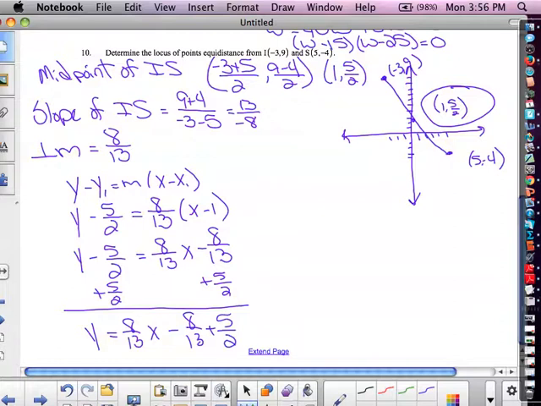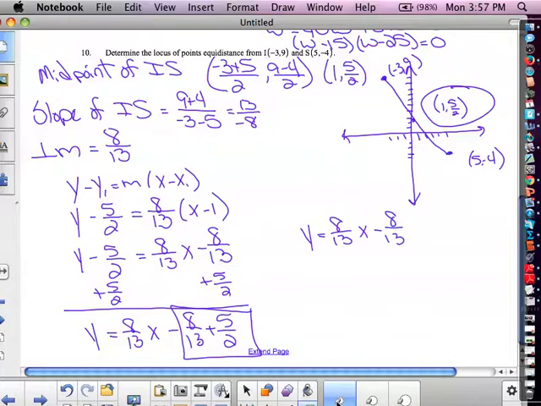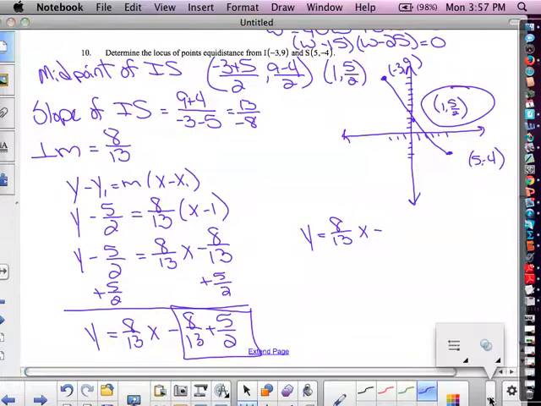Please don't leave your equation like that. You should be able to simplify those real numbers. So that's going to give me y is equal to 8/13 x minus 8 over 13. Then 5/2 is going to become, let's see, in order to get 13 in the denominator, I'm going to have to multiply 8/13 by 2. And that will give me 16 over 26.